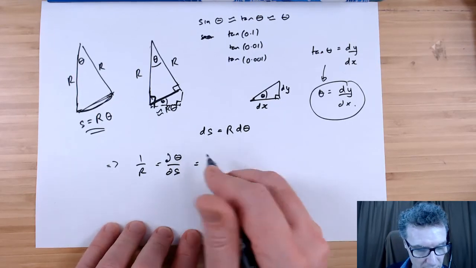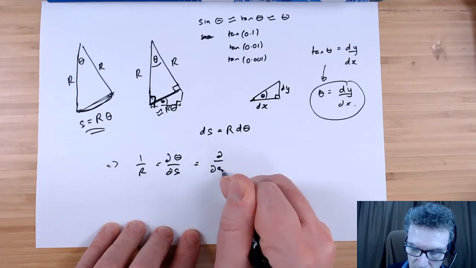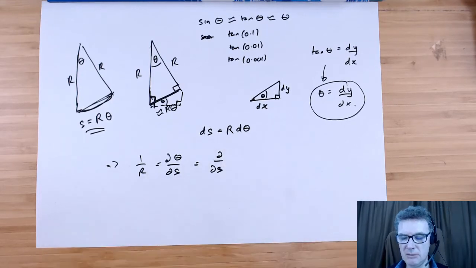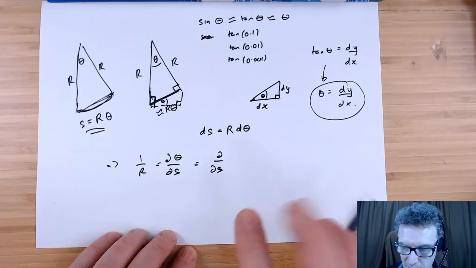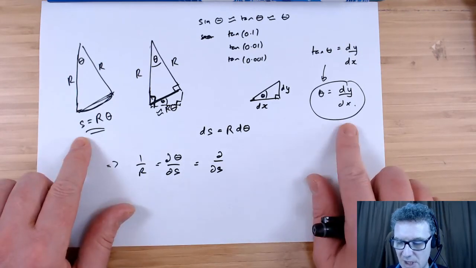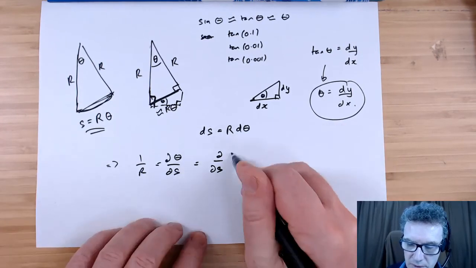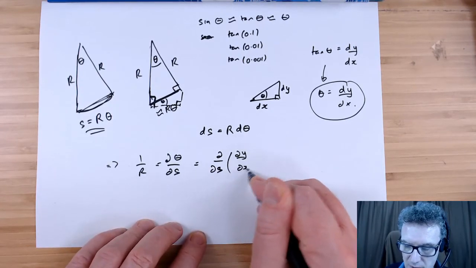So I then have a delta. You can see where that complicated little first order differential squared business is coming in. It's coming in with pretending delta s and delta x are virtually the same thing, which is going to be delta y over delta x.